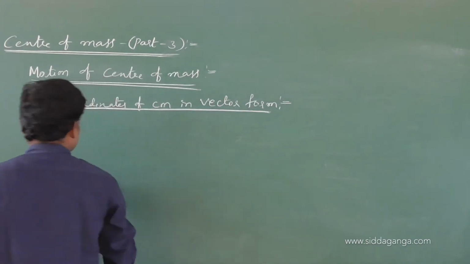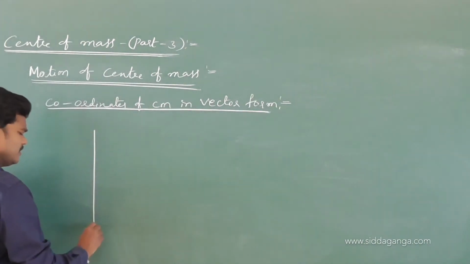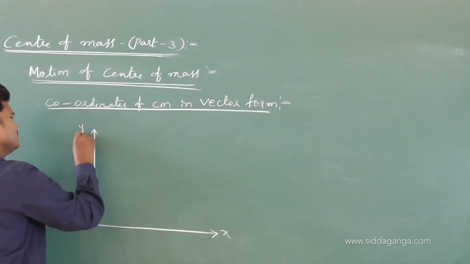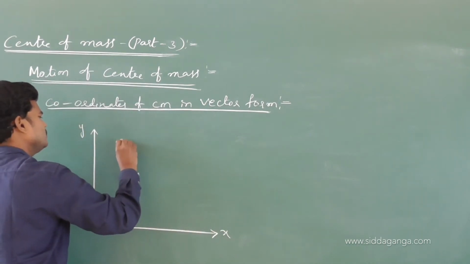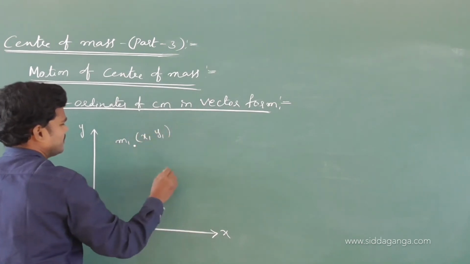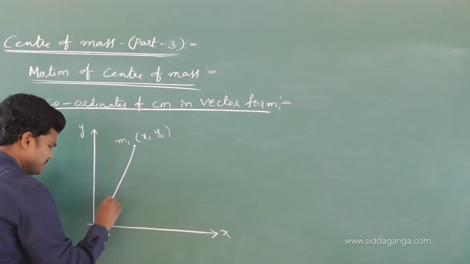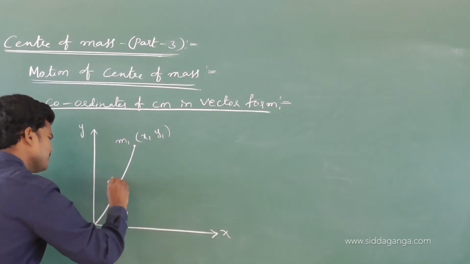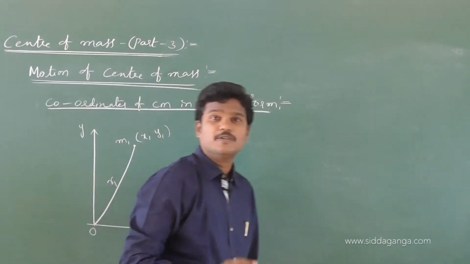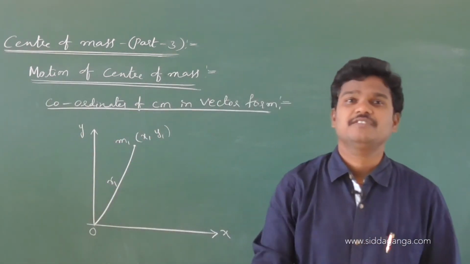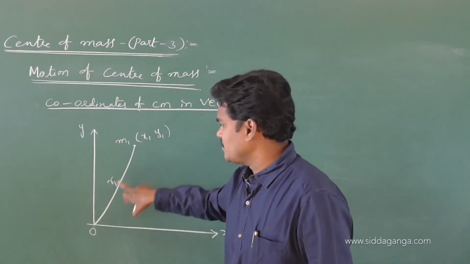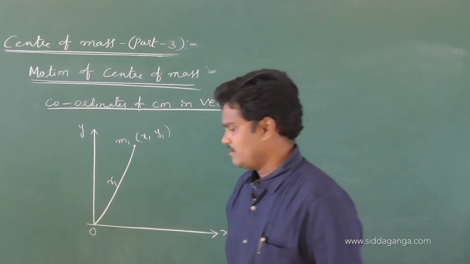So let us suppose some particles are in the xy plane. Let us suppose this is one particle whose mass is m1, having coordinates x1, y1, and this is at a distance r1. I think you know what this r1 is. R1 is nothing but the position vector, the distance from the particle to the origin in the plane.